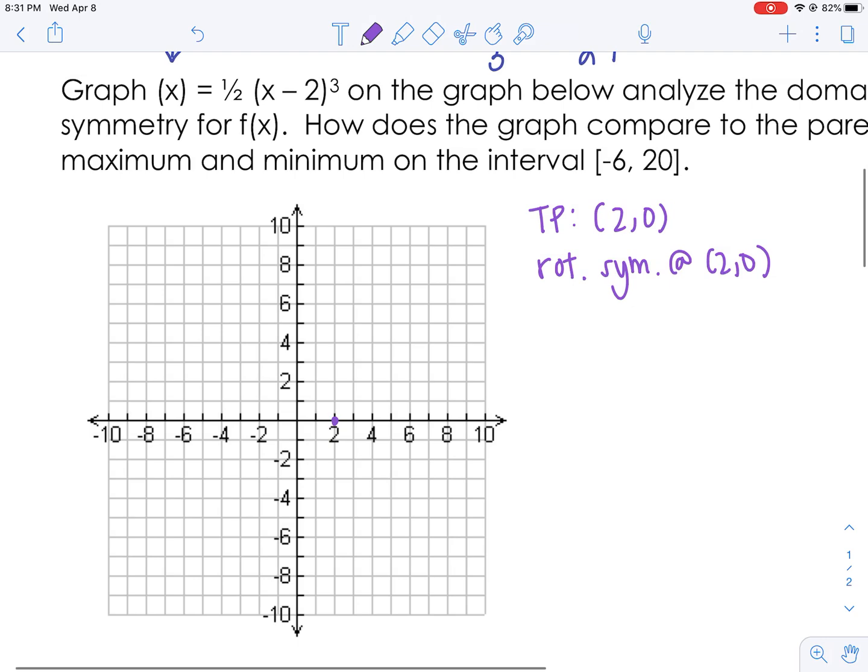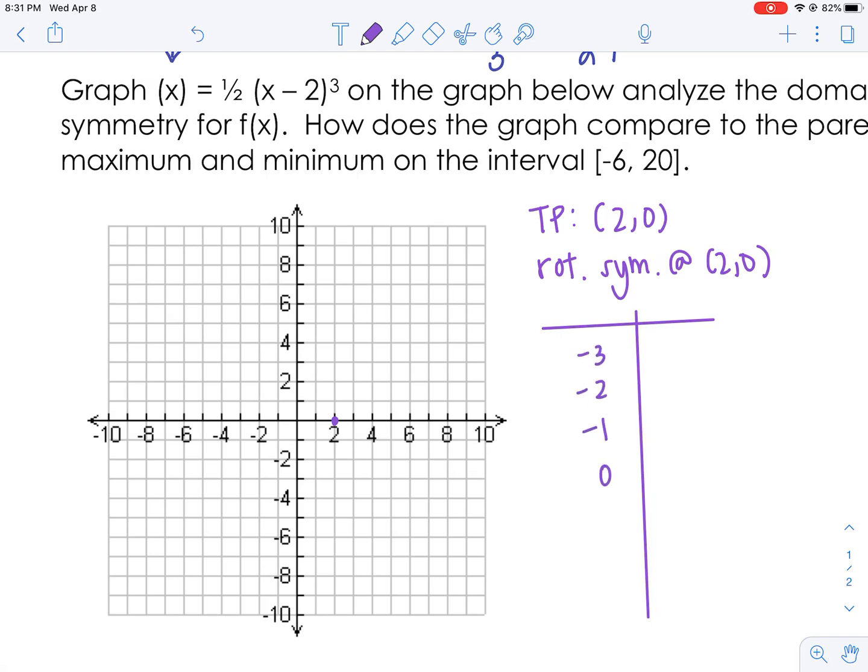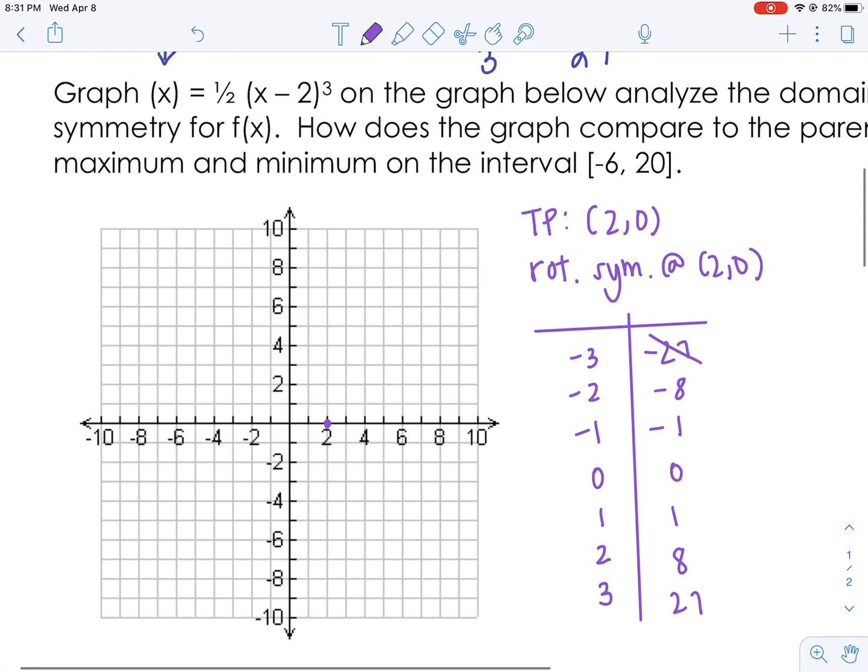And then this 1/2 tells me that if I make my little chart again, 1/2 is on the outside, which means that all these values are going to be shrunk by 1/2. So -3, -27, -2, -8, -1, -1, 0, 0, 1, 8, 27. All of these are going to be shrunk by 1/2.